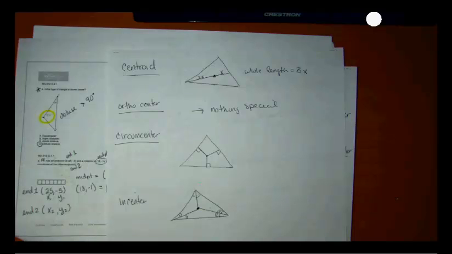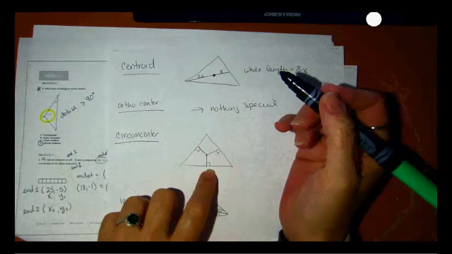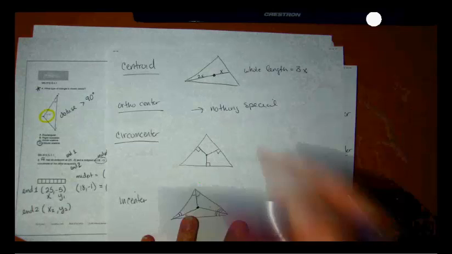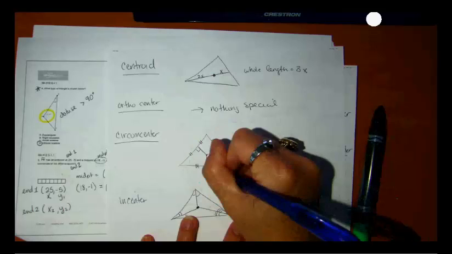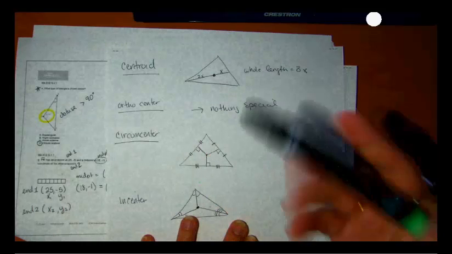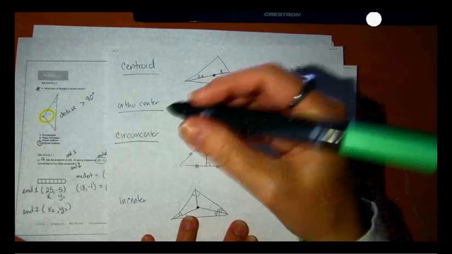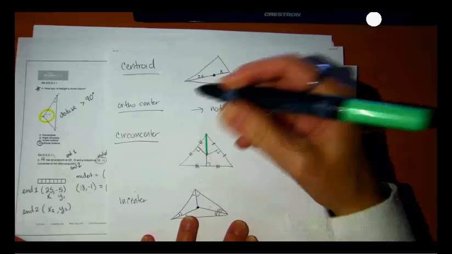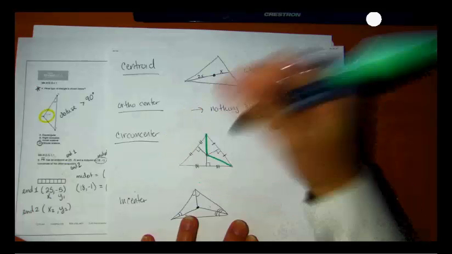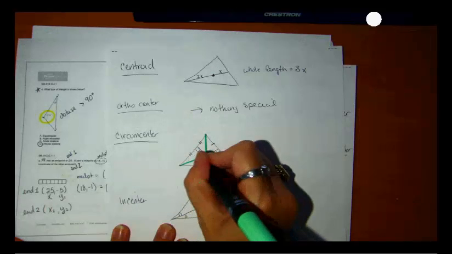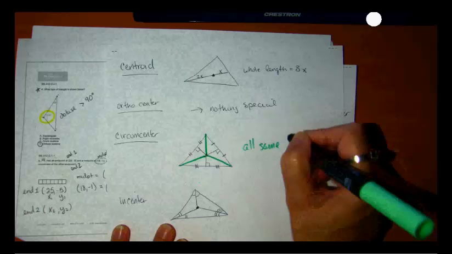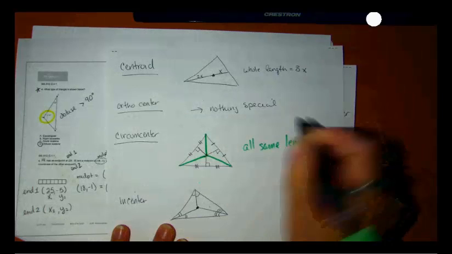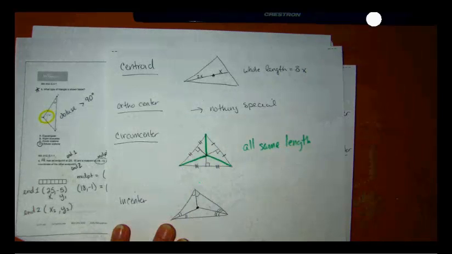With the circumcenter, that's from the perpendicular bisectors. That's the bisectors. And then if you go from the circumcenter to the vertices, these lines are the same length.